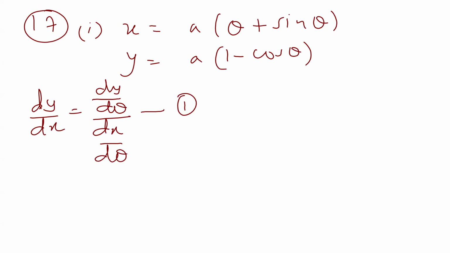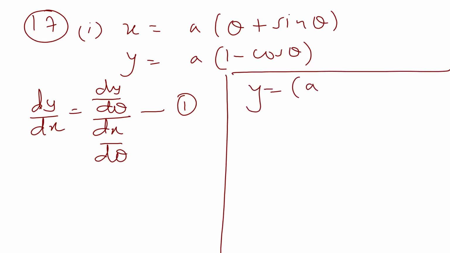Okay, so we'll start with y. y is equal to a times 1 minus cos theta. Differentiate this with respect to theta, because theta is the parameter.